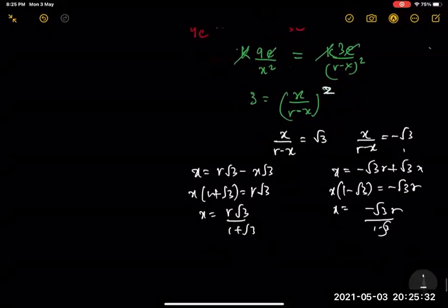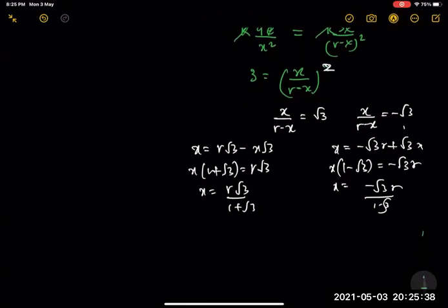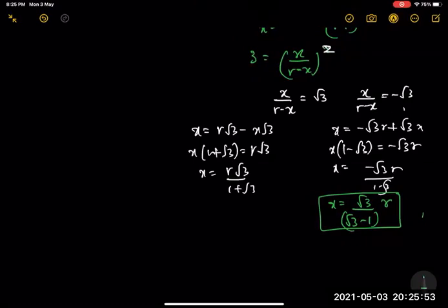Now I will try to understand these numerical answers. Because 1 minus root 3 is negative, I'll not write it like this. I'll write it like this: root 3 minus 1. So this is R root 3 by root 3 minus 1, negative multiplied. And this is R root 3 by root 3 plus 1.